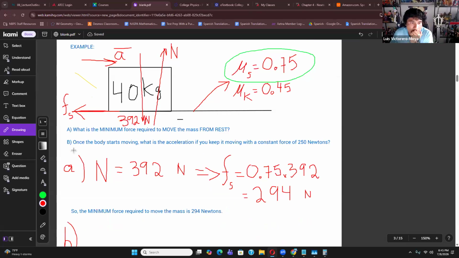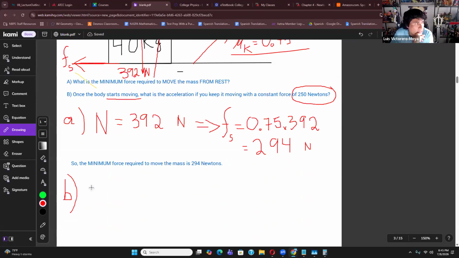Yeah, part B. Part B will require kinetic friction because now the body is moving. When the body is moving, you use kinetic friction. What is the acceleration? Now the force, and look, the force is not 294, it's 250 only. So it's less force. So how will you find the acceleration on part B?